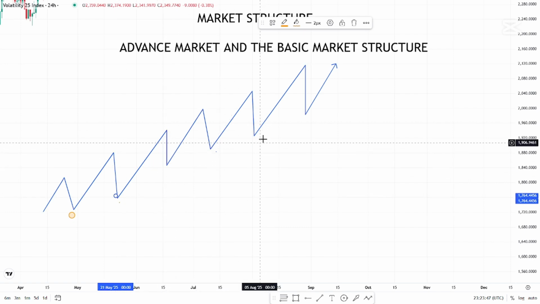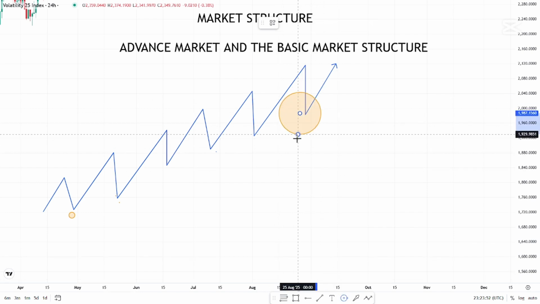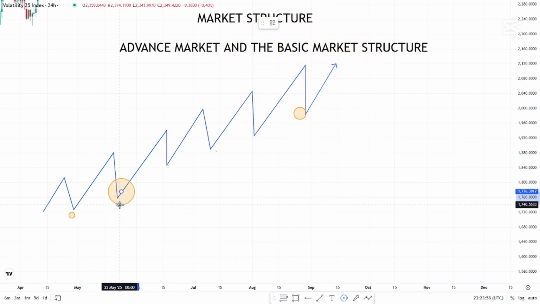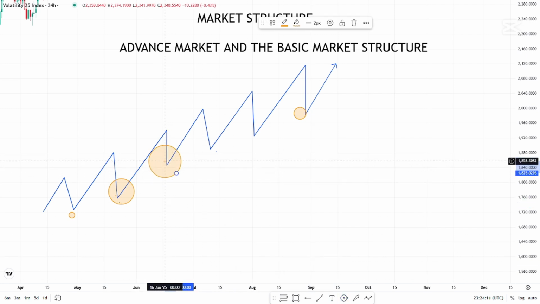Now you see that if you enter a trade at this point and it hits your target at this point, you can easily enter more trades at this point. You take your entry here, you take your full TP here, you take your entry here, take your full TP here, take your entry here.